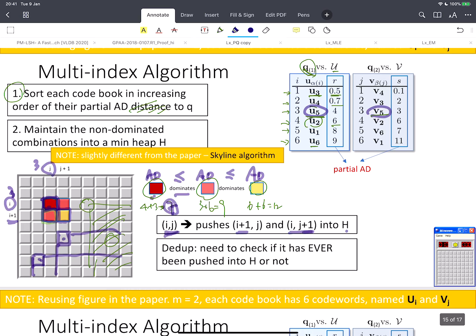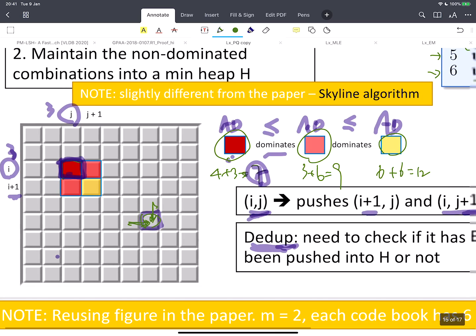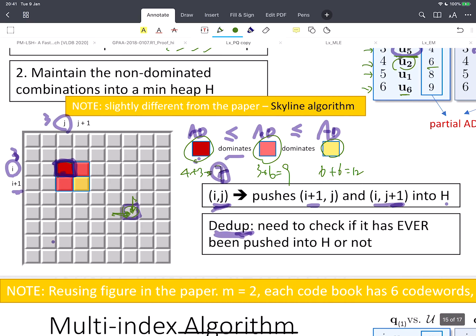So one of the subtle issues, if you really think about it, is that each of the cells, let's say this guy, will actually be pushed in by this neighbor and this neighbor, right? So this guy will push its right neighbor, and this guy will push its next row neighbor into the heap.